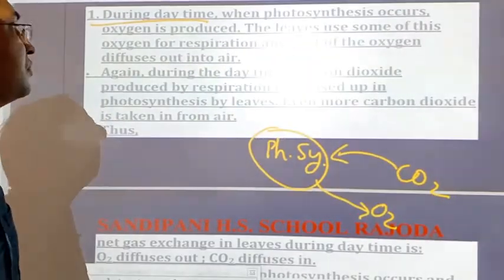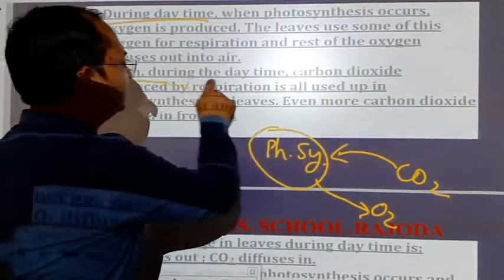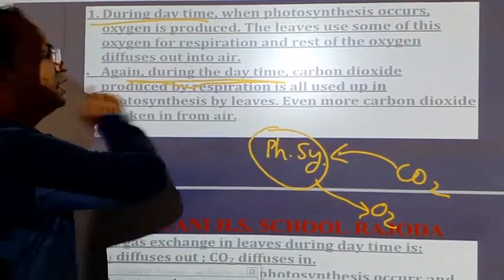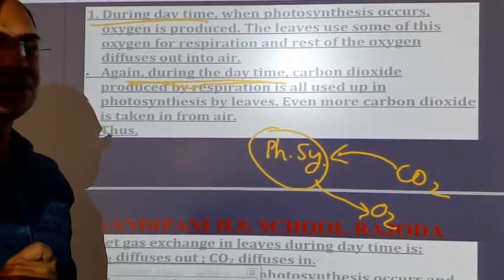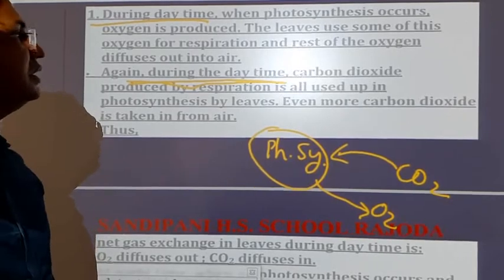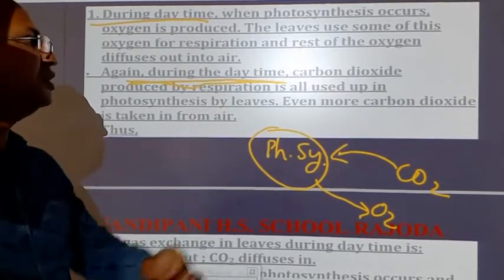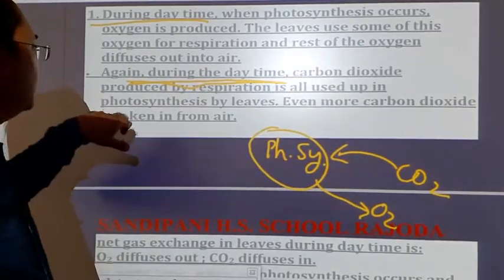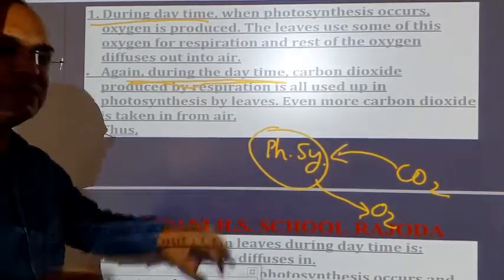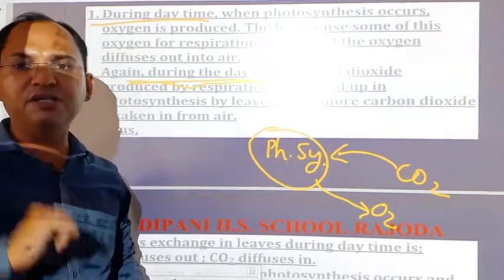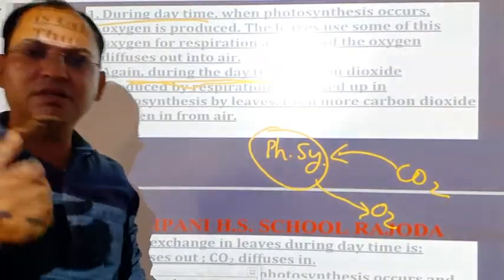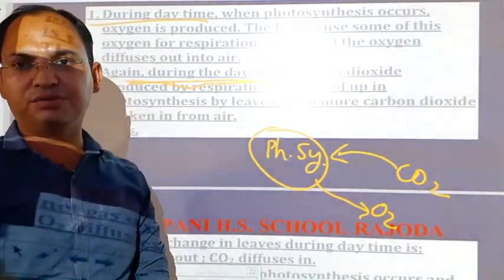Second thing, again during the daytime, we are talking about the daytime only: carbon dioxide produced by respiration is all used up in photosynthesis. When respiration is performed by the plant, a little amount of carbon dioxide is also produced.